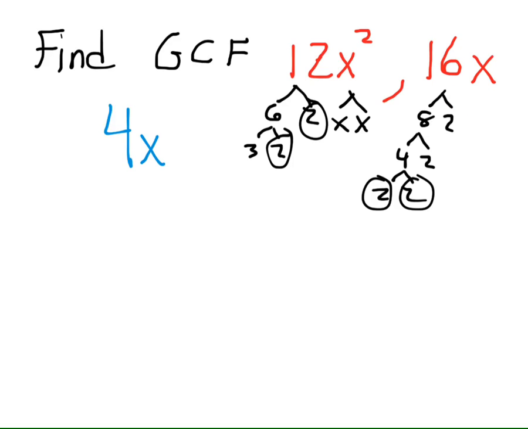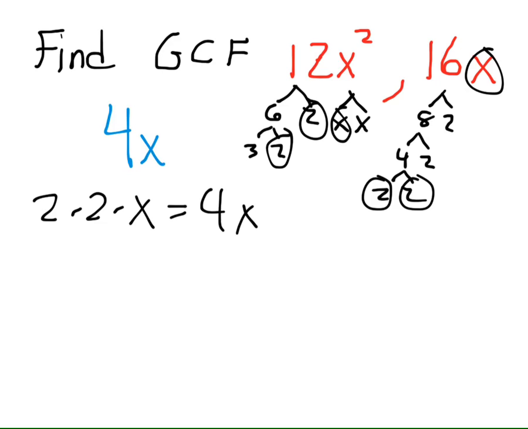Well, they each have another 2 in common, and they each have 1x in common. Right? So what they have in common is 2 times 2 times x, which happens to be 4x. Okay? That's what we're looking for, what's in common, their greatest common factor. Here they have 2 2's, which happens to be 4, 1x, so that's how I get the 4x. But you don't have to write this out every time if you can recognize it without doing it.